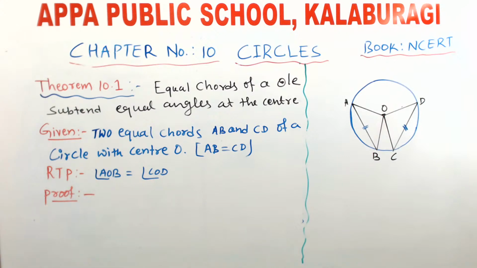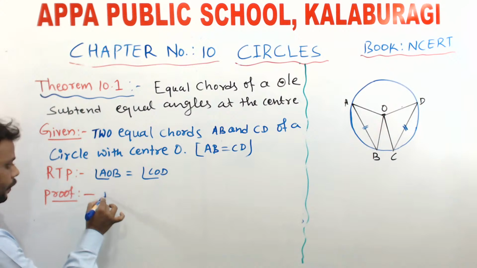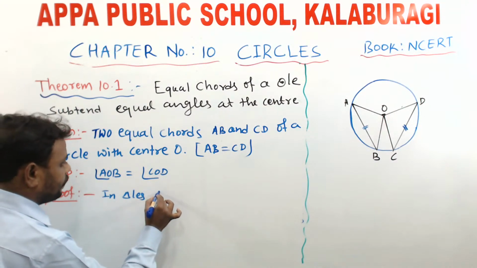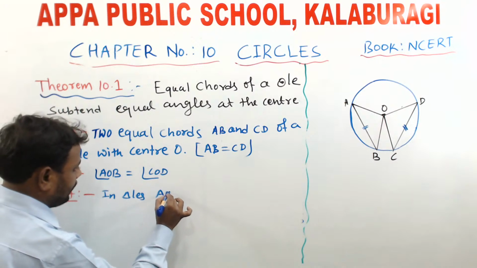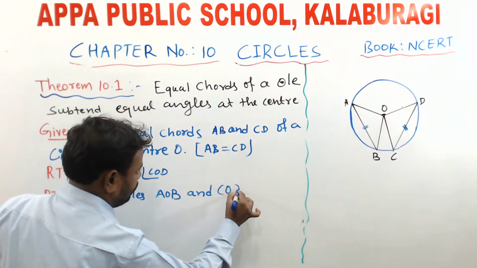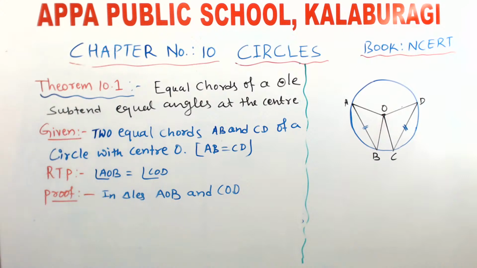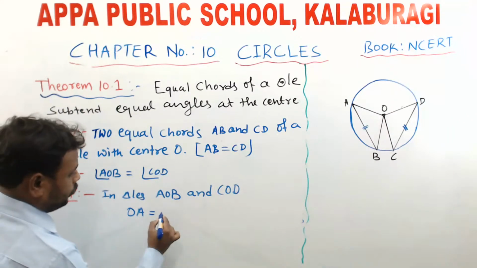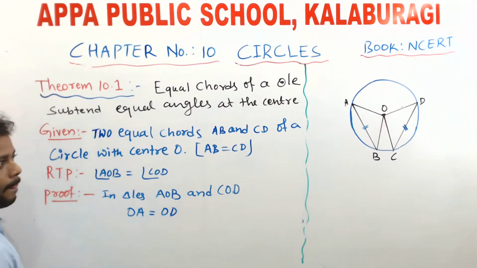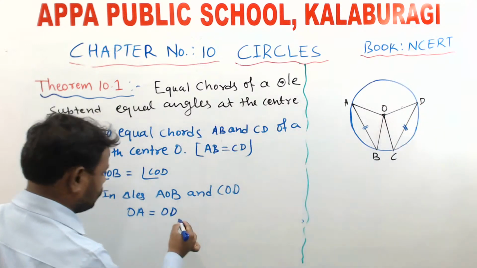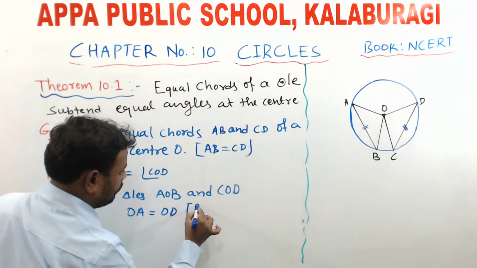Yes. Listen here. In triangles AOB and COD, can I write OA is equal to OD? This OA is equal to OD because radii of the same circle.